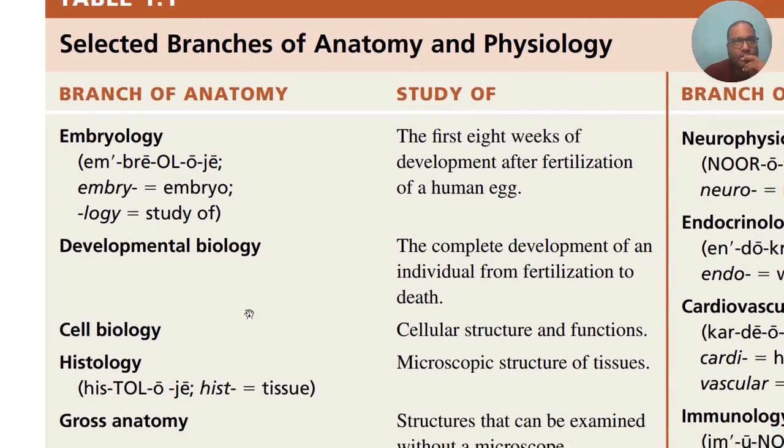First of all, the branch of anatomy is embryology. Embryology is the study of embryos, meaning the study of the first 8 weeks of development after fertilization of the human egg. This embryology is a separate branch of biology, or you can say anatomy and physiology, in which embryos are studied.